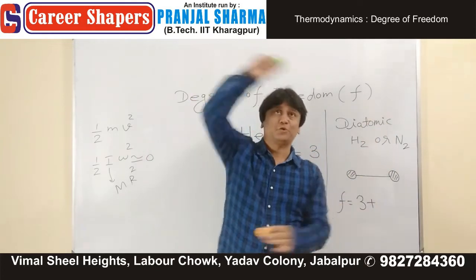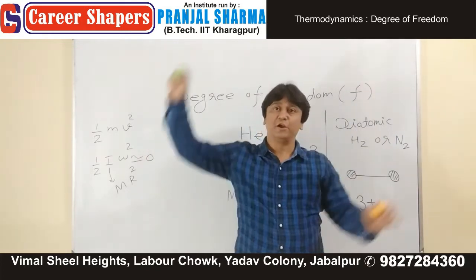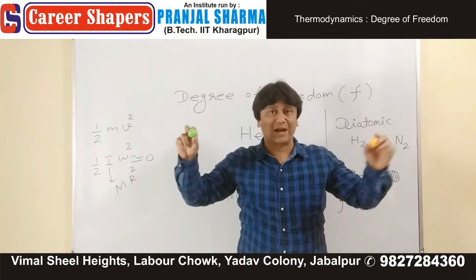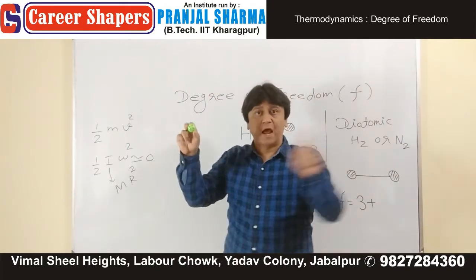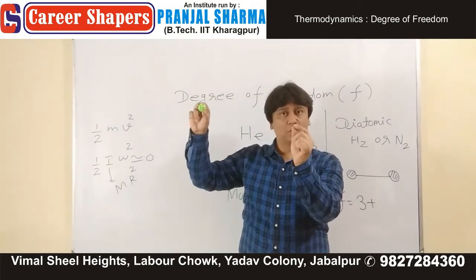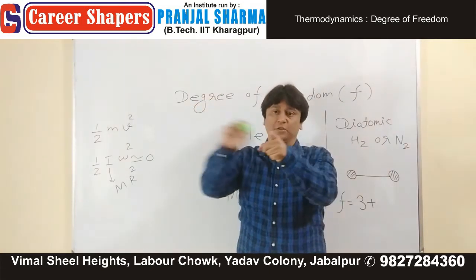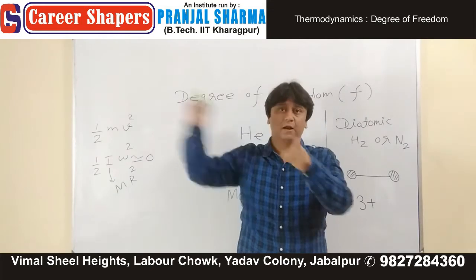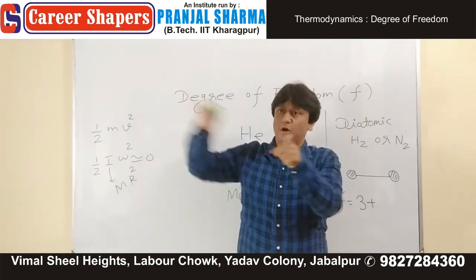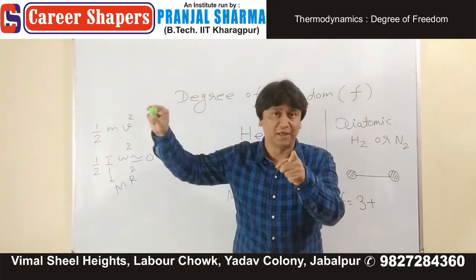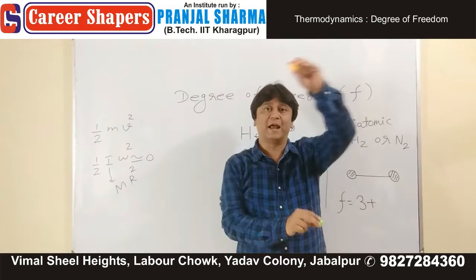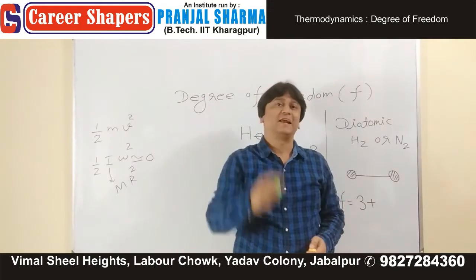So for this rotation, if I introduce half I omega square, then I'm not talking about I of this. I'm talking about I of a point mass about this axis. This is the R, not the radius of the atom, but half of the bond length, which is not small and therefore cannot be neglected.